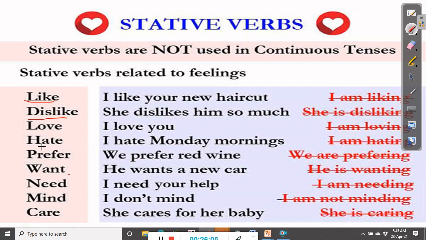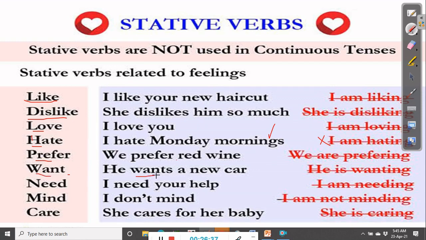All right? Then hate. I hate Monday mornings. That is correct, but it is wrong to say I am hating Monday mornings. Now prefer. We have talked about love. We have talked about hate. Now we come to prefer. We prefer red wine. And we cannot say we are preferring red wine. All right? Then the next is want.